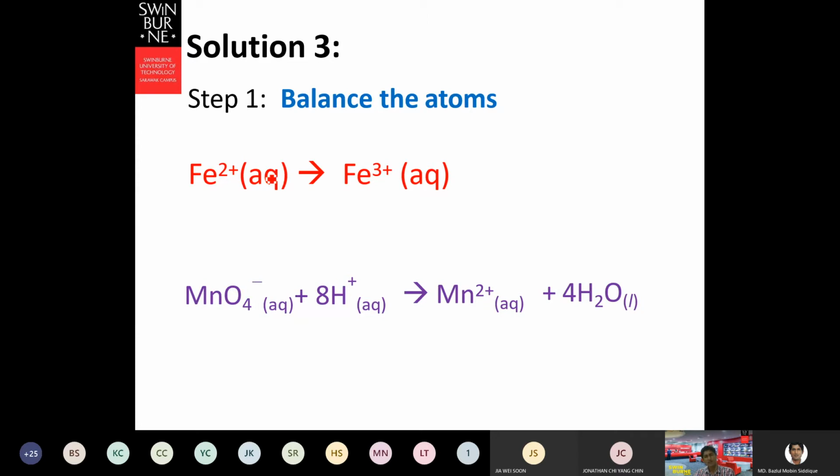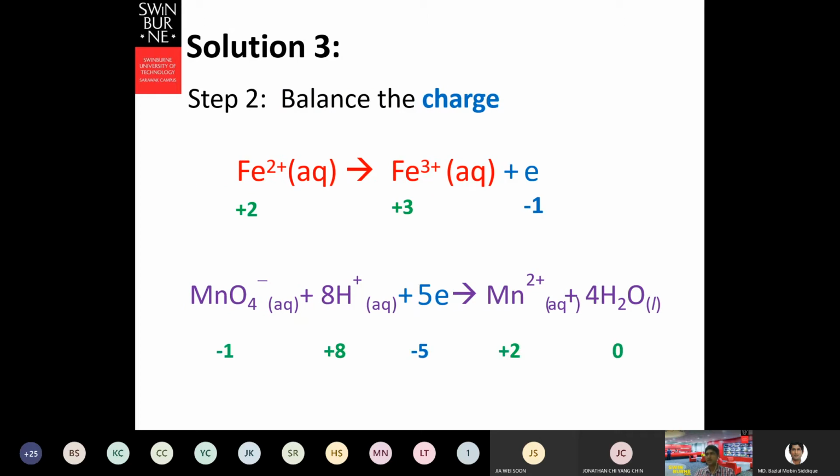So what happened actually? The iron lost one more electron. Here we had 2, on that side we had 3, so we have another one that has been lost by this iron after iron 3 is produced.